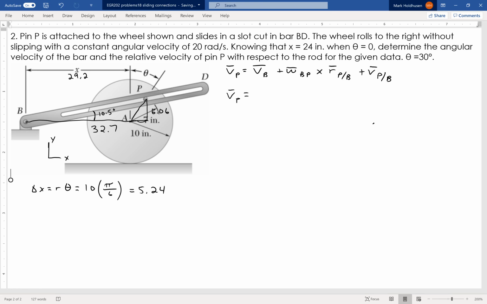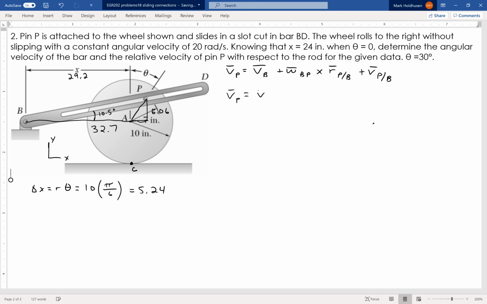Now, again, this is rolling without slipping. I know the angular velocity. What I know when I have rolling without slipping is that this point right down here, which I'll call C, my contact point, has to be 0. So I'm going to relate everything to that, because having something go to 0 makes my life a lot easier.